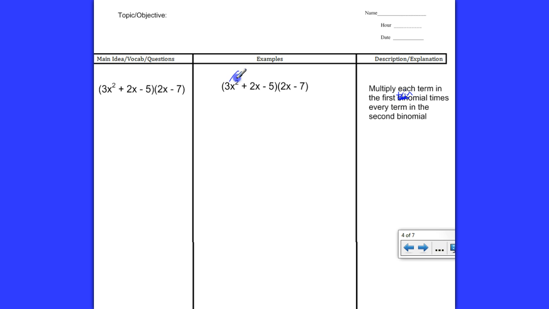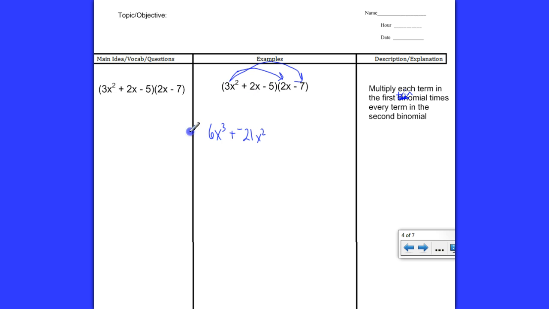So let's do that. Let's try to keep things organized here. I'm going to multiply those two first. 3x squared times 2x, that would be 6x to the 3rd. And then 3x squared times negative 7, that's negative 21x squared.